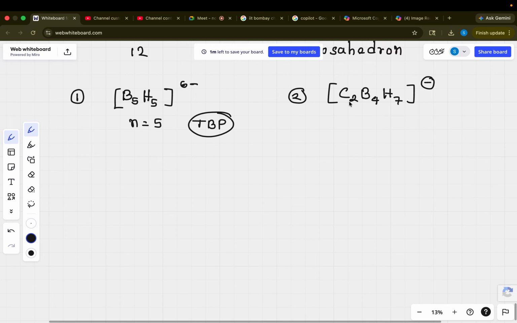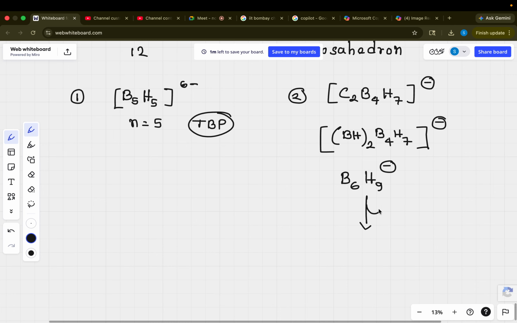So this carbon I have to replace with BH, right? Carbon will be your BH. So this is becoming BH whole 2. Then you have what? B4H7, and here you have negative charge. So already you have here 2 boron and 4 boron from here. So I am getting B6. 2 hydrogen here and 7 hydrogen here. So B6H9, negative charge, and you have to release 3 hydrogen from here.